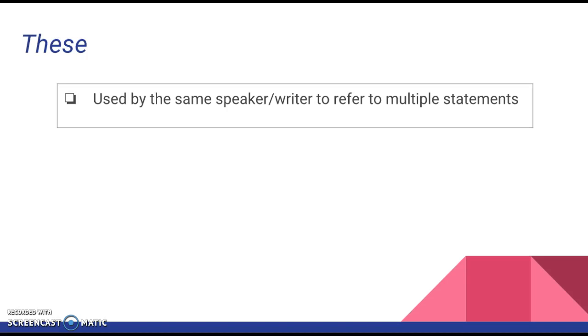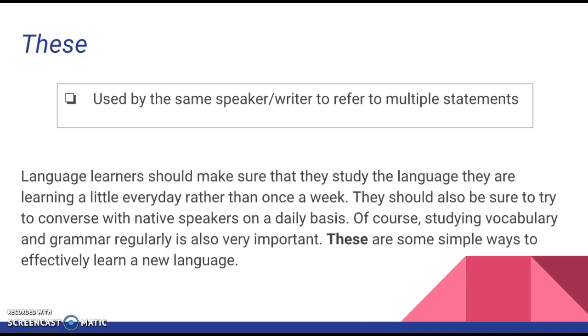When we use these, usually the same speaker is using it to refer to multiple statements. So let's take a look here. Language learners should make sure that they study the language that they are learning a little every day rather than once a week. They should also be sure to try to converse with native speakers on a daily basis. Of course, studying vocabulary and grammar regularly is also very important.